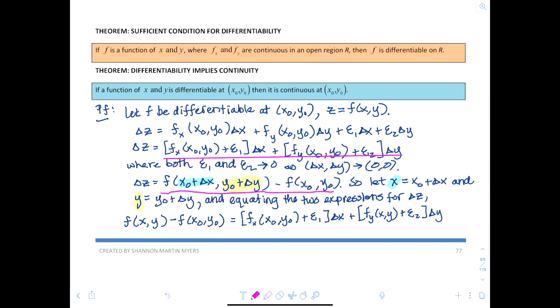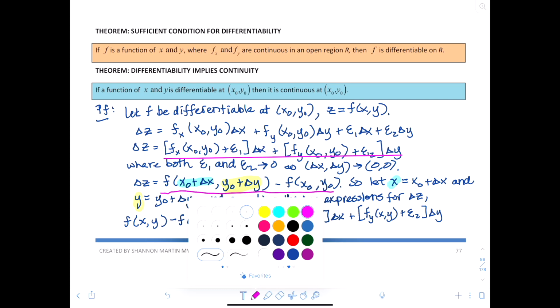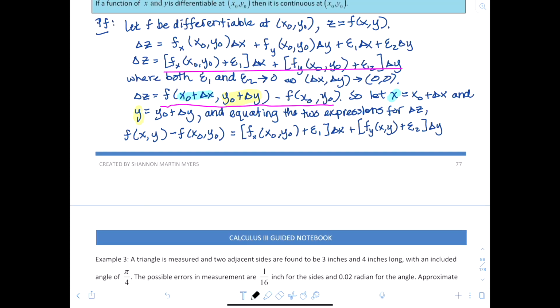Cool, cool? Okay, so, all right, over here, if x is equal to x0 plus delta x, then wouldn't delta x equal x minus x0? And similarly, delta y would be equal to y minus y0? Cool so far?